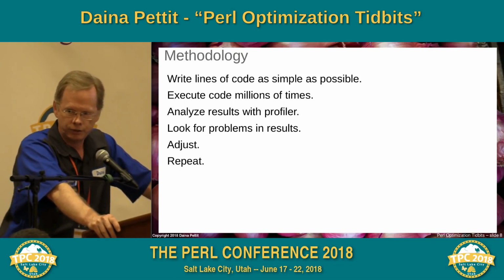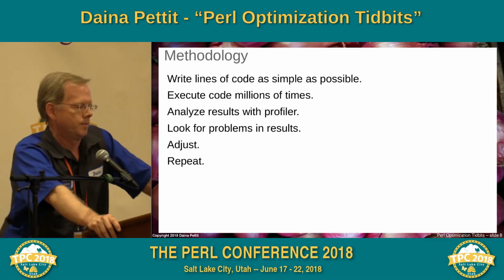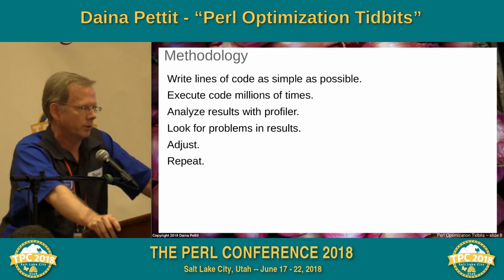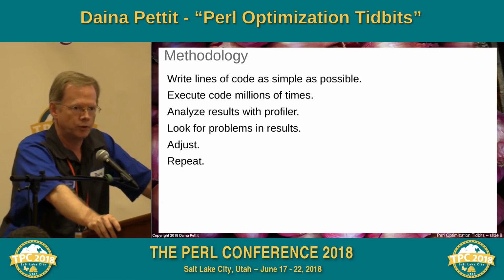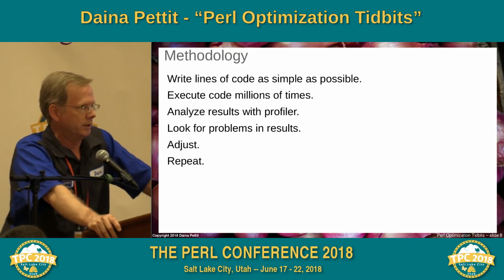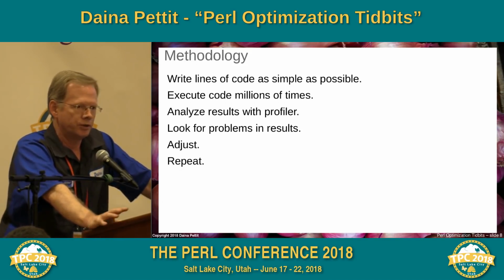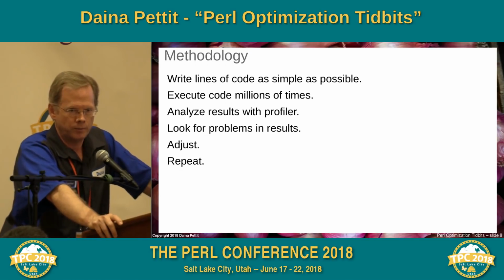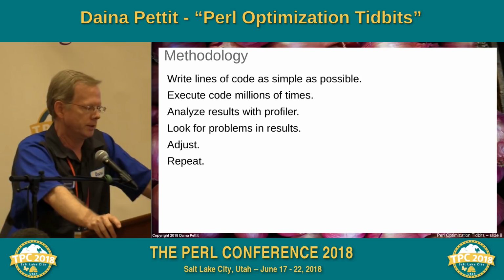We executed the lines of code millions of times, and then we looked at the results in the profiler. Then we looked for problems. If you switch the order of statements, does it change? If you add another type of statement in front of it, does it change? There were a bunch of adjustments I had to do to verify that the results were actually meaningful.